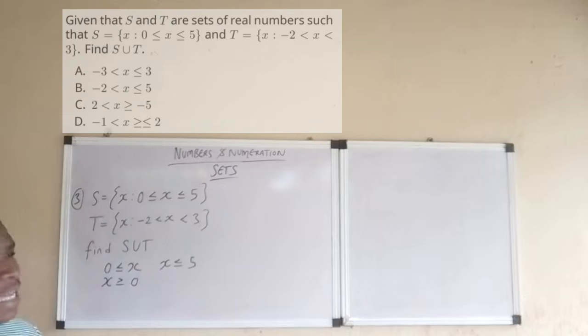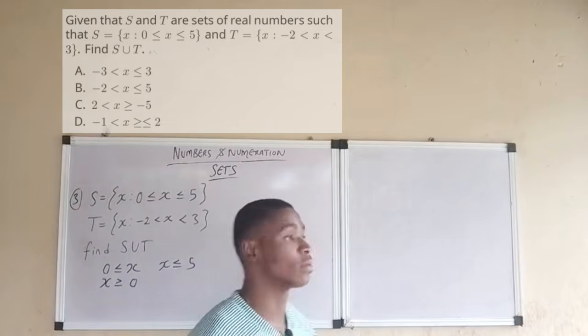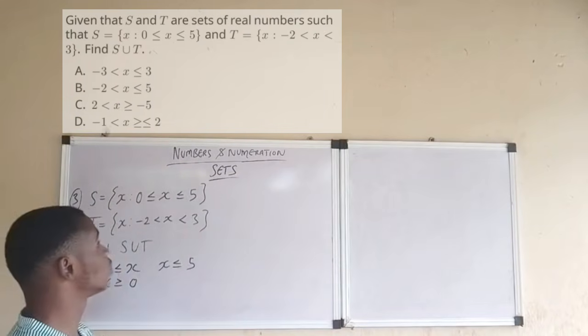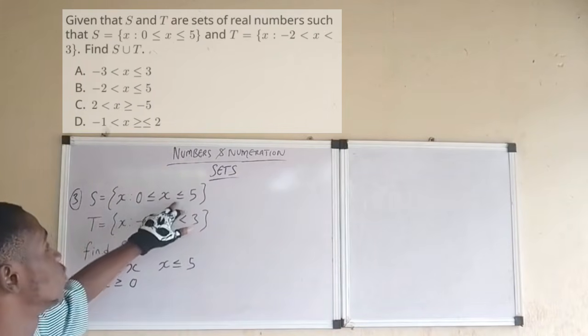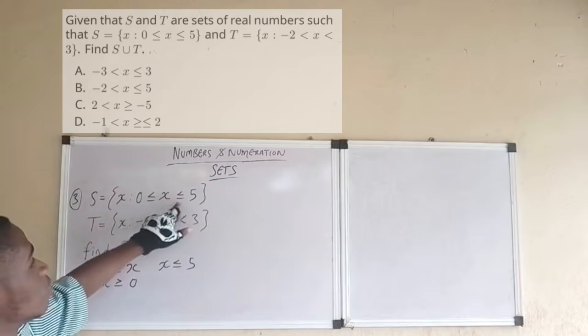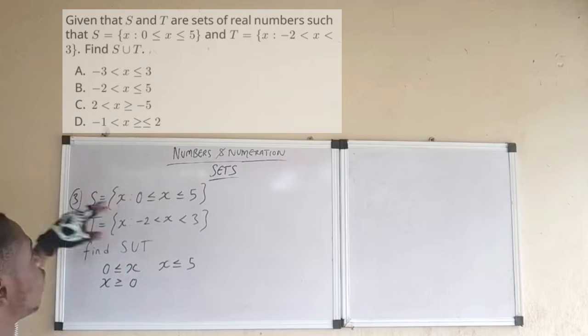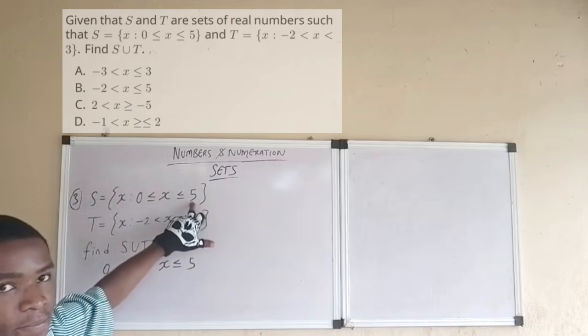Now, anytime you see this slack inequality of less than or equal to, or as long as you see this equals sign on both sides of the compound inequality, just start the range of values from the least number to the highest number here.